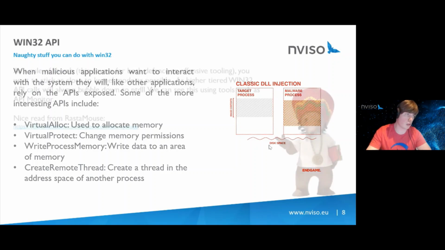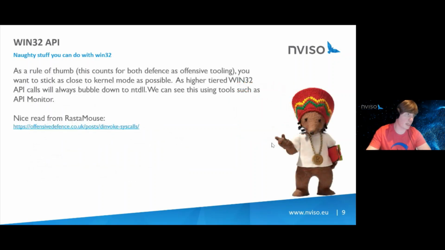And if you look at how that looks, as a rule of thumb, it's always the best thing to actually stay as low as possible. This is true for both red and blue, because if you detect on ntdll calls, then you will by default also capture all the higher level calls, because at one point or the other, the lower level ntdll call will be called.